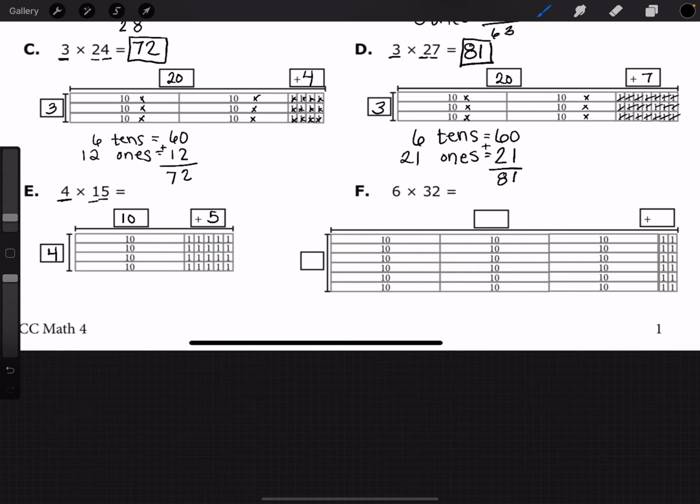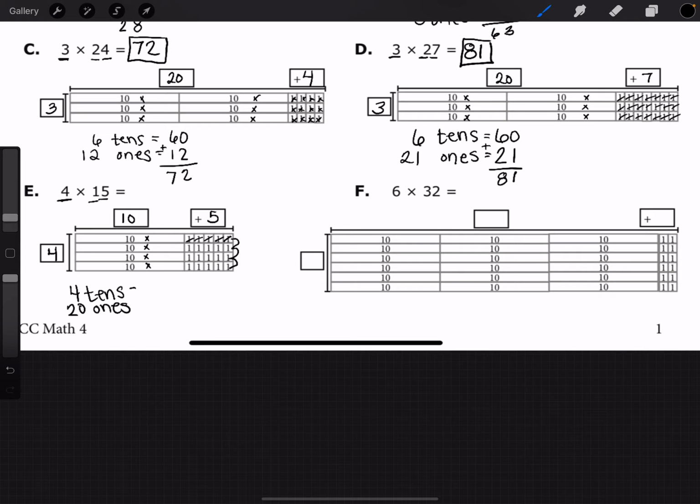We're not splitting up the 20 this time, we're just having a 10. So we have 1 ten, 2 tens, 3 tens, 4 tens. So we have 4 tens. And 1, 2, 3, 4, 5. And I know each row has 5, so let's just skip count. 5, 10, 15, 20. We have 20 of the ones.